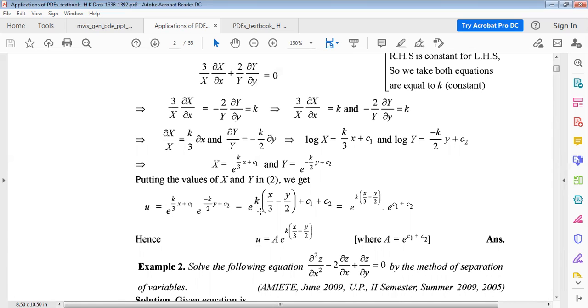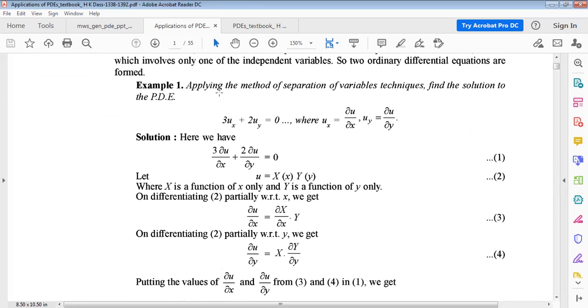So taking same base, the powers add: k into x by 3 minus y by 3 plus c1 plus c2. So this can be separated as e to the power k into x by 3 minus y by 3 and e to the power c1 plus c2, this is another constant. So u can be written as capital C into e to the power k into x by 3 minus y by 3. This is the solution of the given partial differential equation by variable separable method.